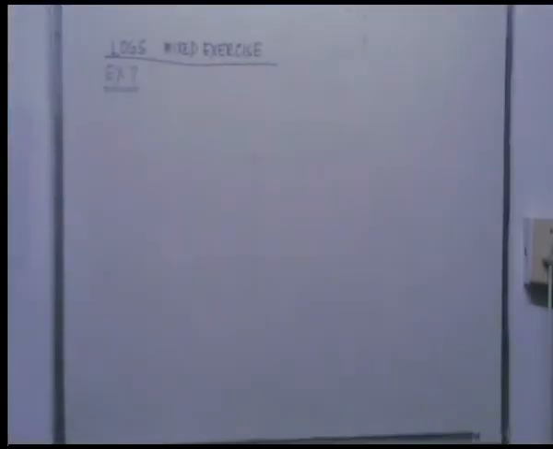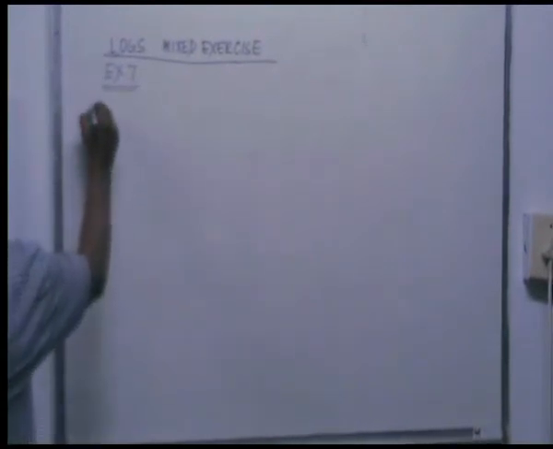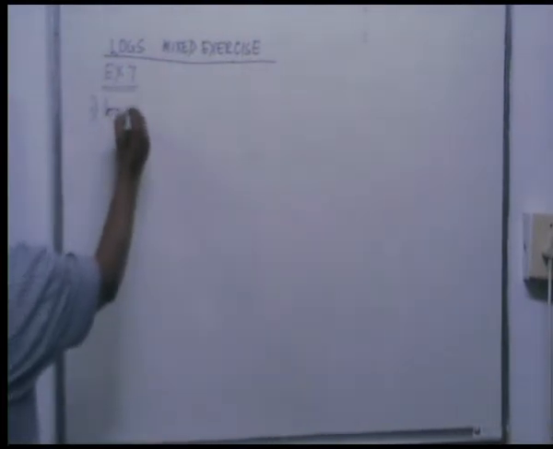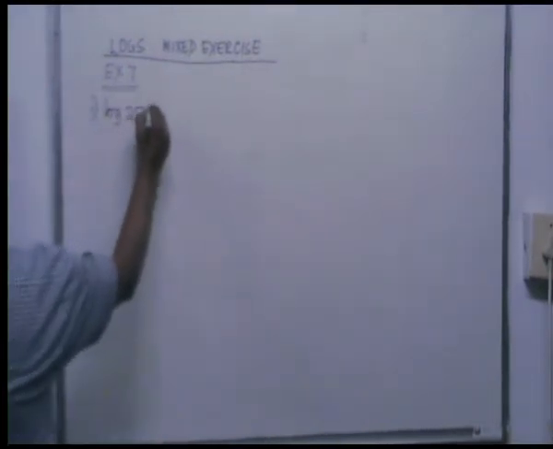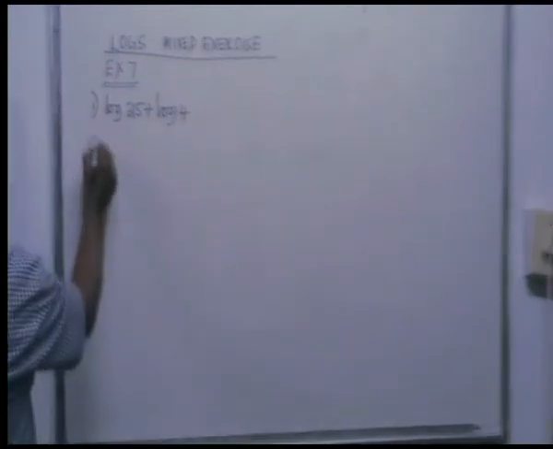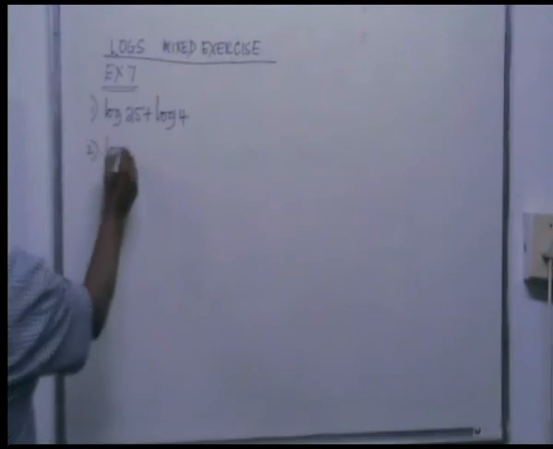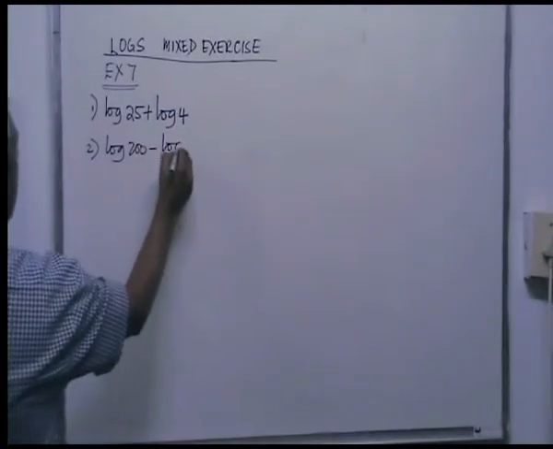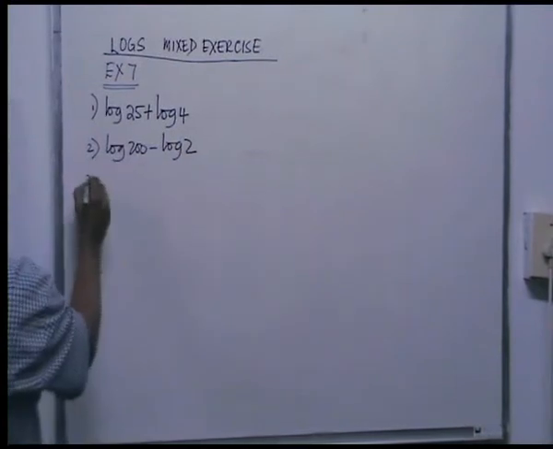All right, so what we're going to do now is give you a mixed exercise where you will have to use all the different laws. For example, question 1 will be log 25 plus log 4. Number 2, log 200 minus log 2.